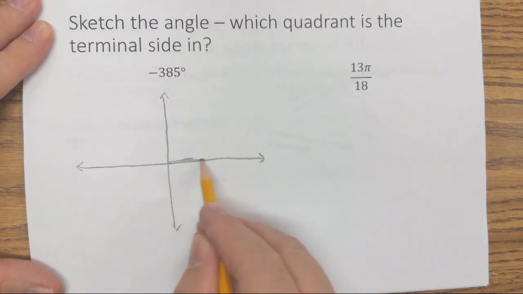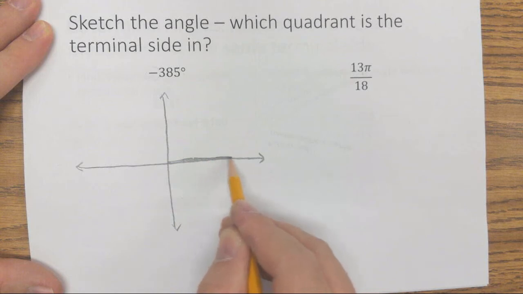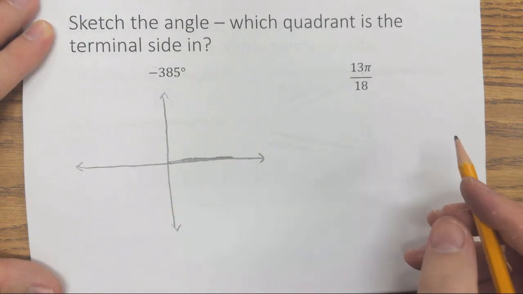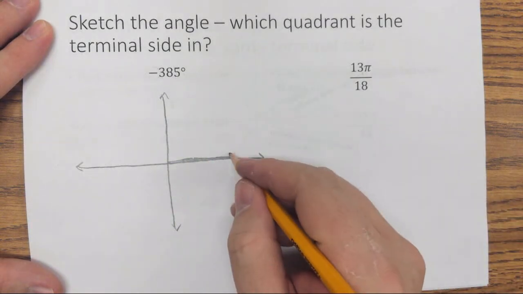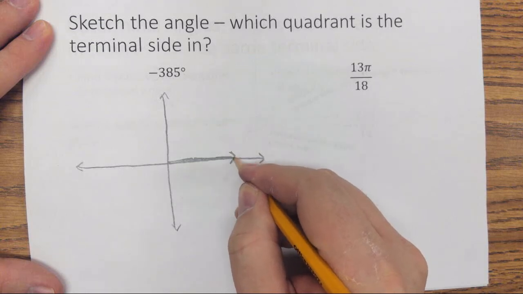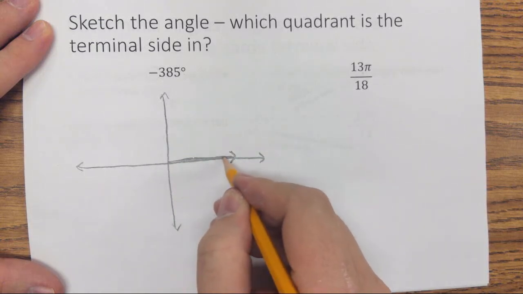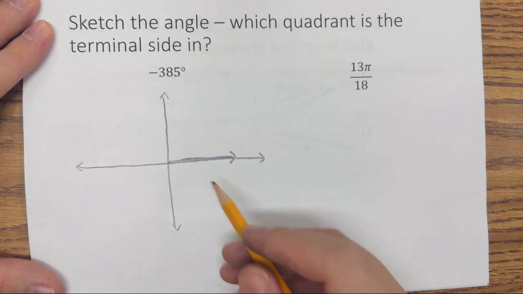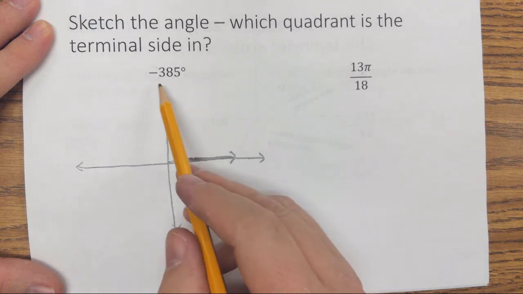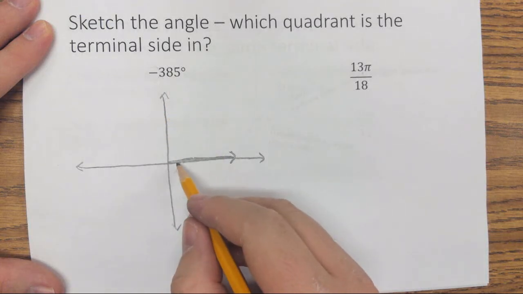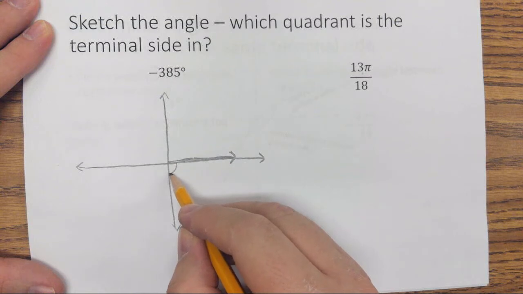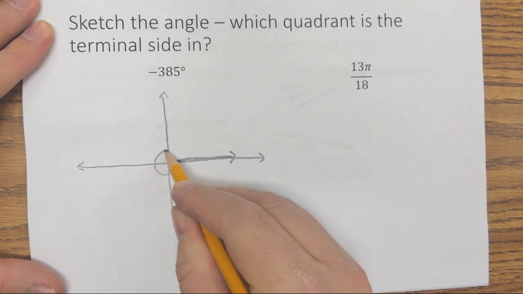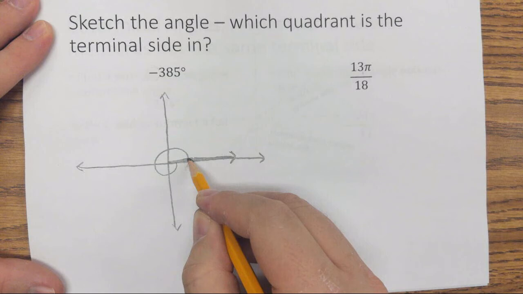Here is our start, our initial side for our angle, right there. So here's the ray for our initial side. We're going to go around to negative 385. In my mind, I know that if I go all the way around, that's 360.